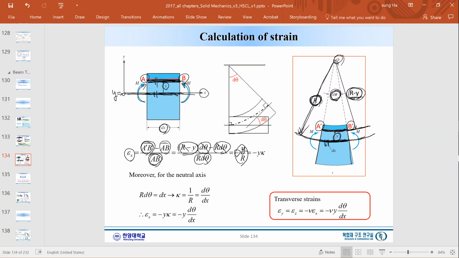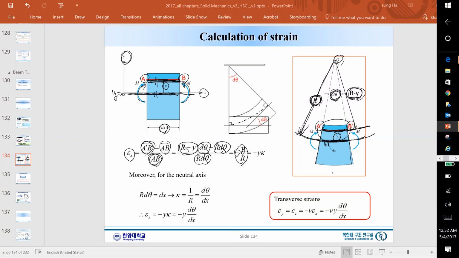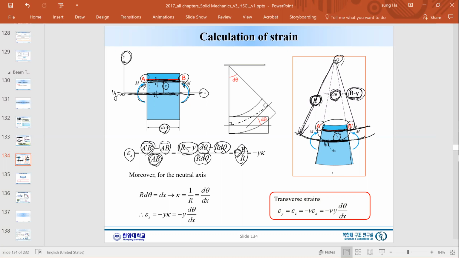What it means is that for positive y, this part is under compression, and with the minus sign, this will be a negative strain. And simply also 1 over r we call the curvature k.